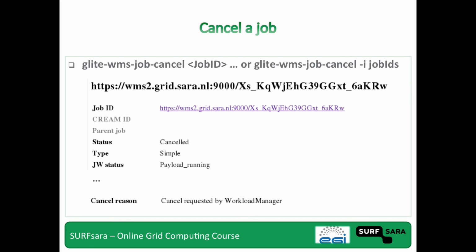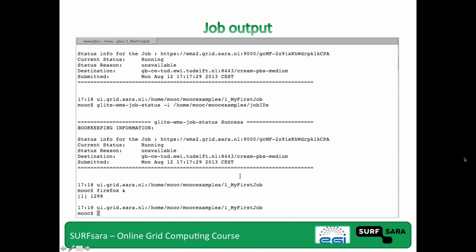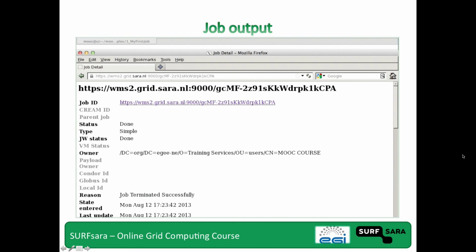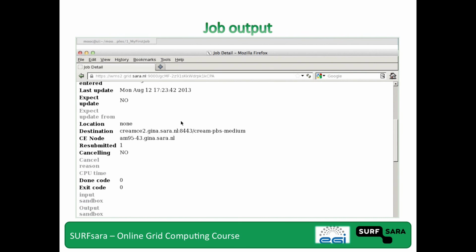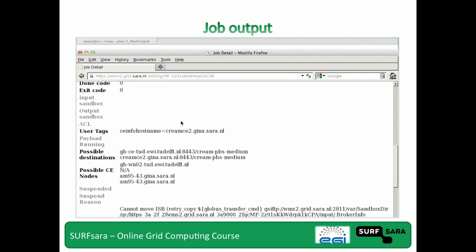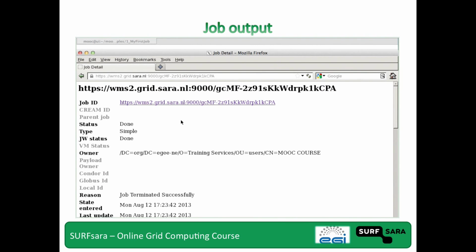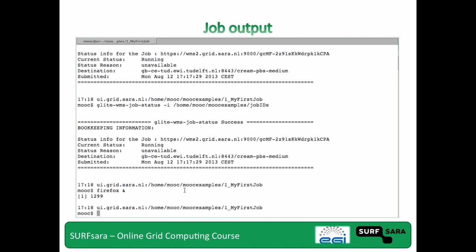So let's now see what you need to do when everything did go smoothly and you now want to retrieve the job output. So we're back to the identifiers of the job that we submitted earlier, and by now it has completed. So I want to retrieve the job output files.